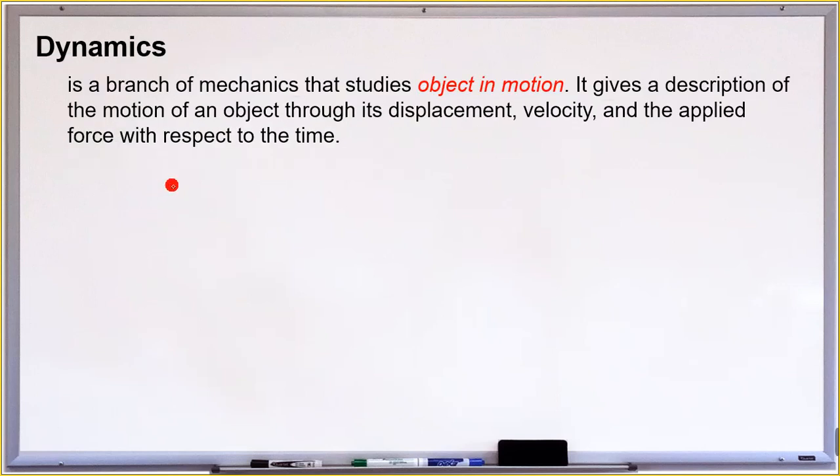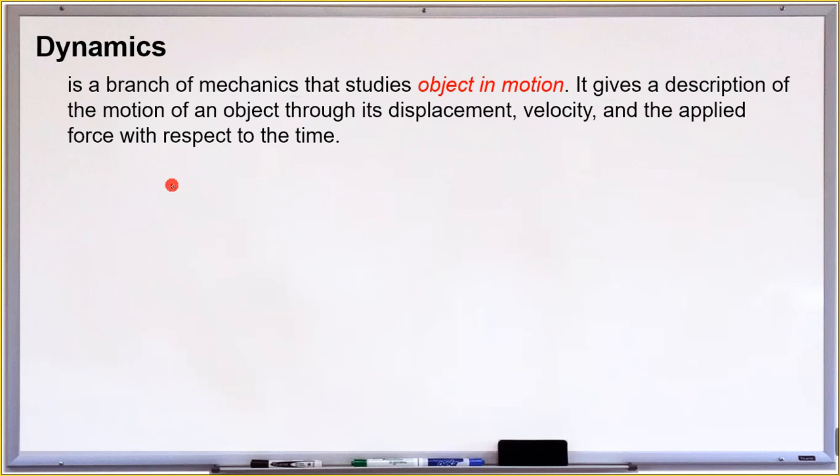So when we talk about dynamics, it is mainly a study of the motion of an object. So this is very opposite with statics, because in our statics, we study objects in stationary mode, in a stationary condition.